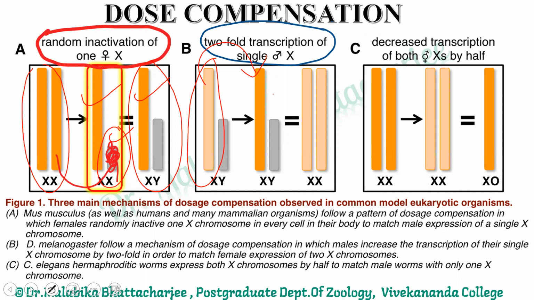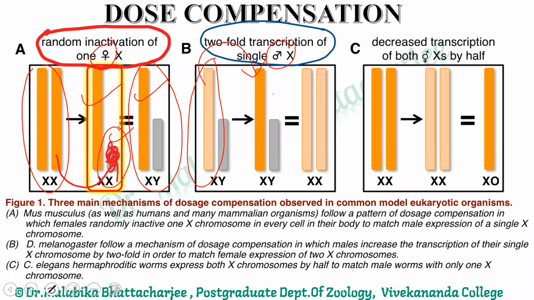If you think of the comparative status of dosage compensation between human and Drosophila, you have understood by now that in humans, dosage compensation occurs in females, while in Drosophila, it occurs in males.